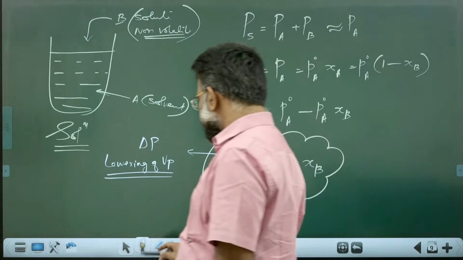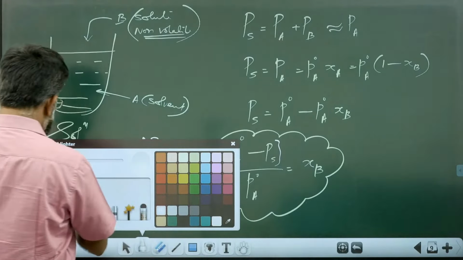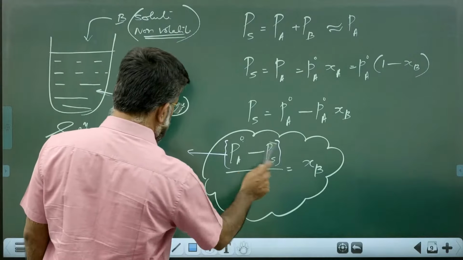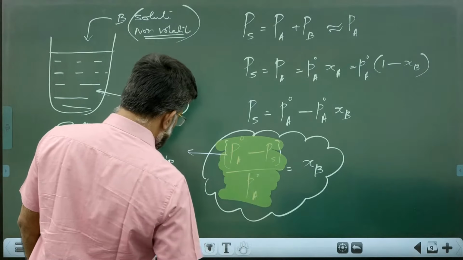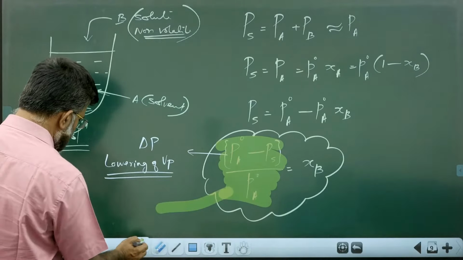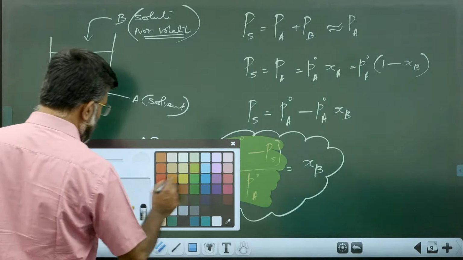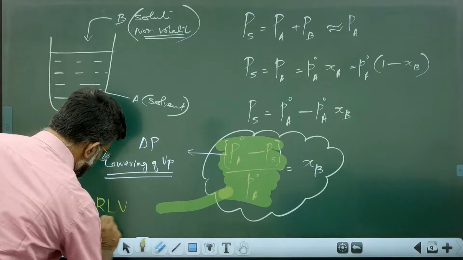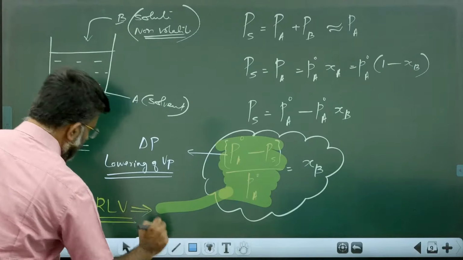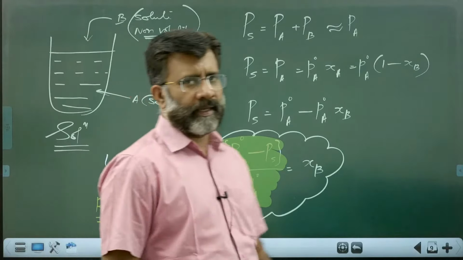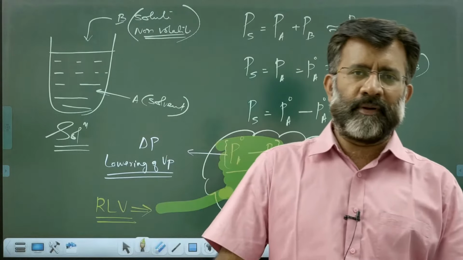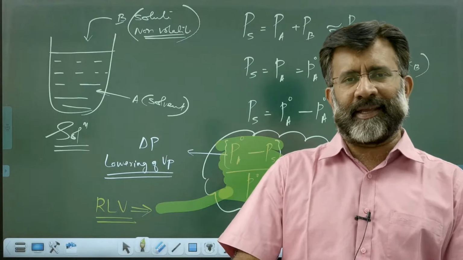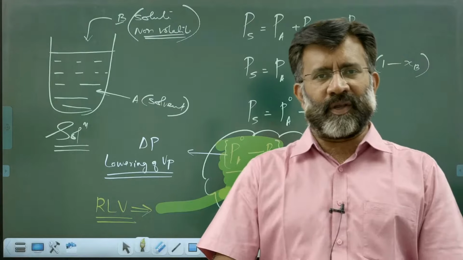While the entire term is called the relative lowering of vapor pressure. The entire term, that is P naught A minus PS by P naught A, will be called relative lowering of vapor pressure.